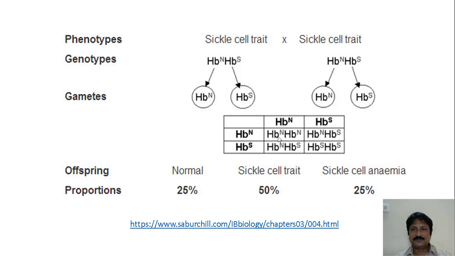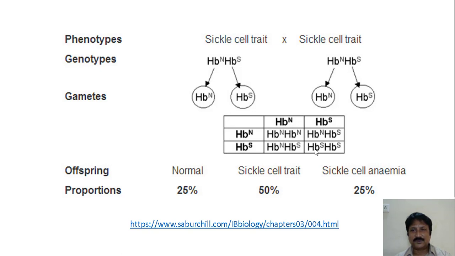What we find here is the same as what we have studied in tall and dwarf. So here we find these three, 1, 2, and 3. These three are normal because they have at least one HBN. Here homozygous, heterozygous, heterozygous.